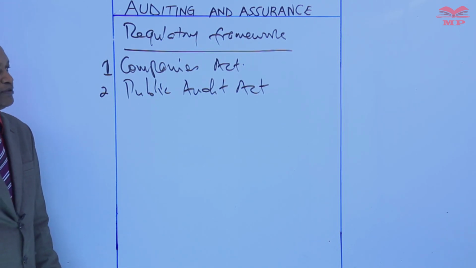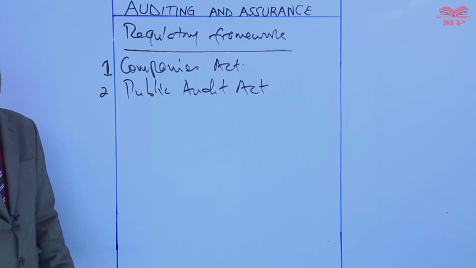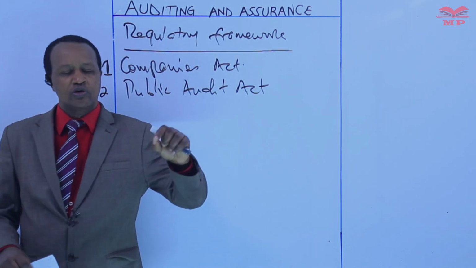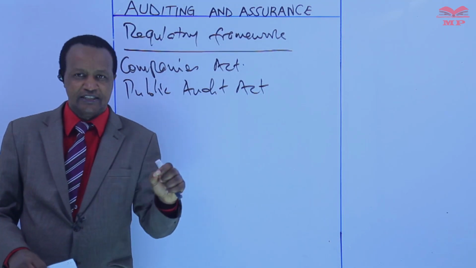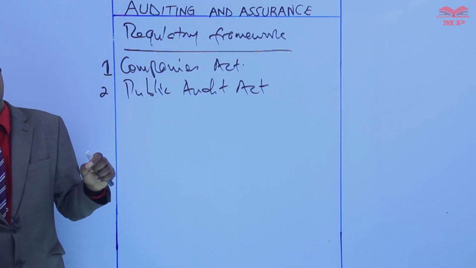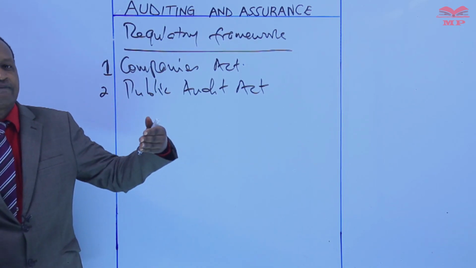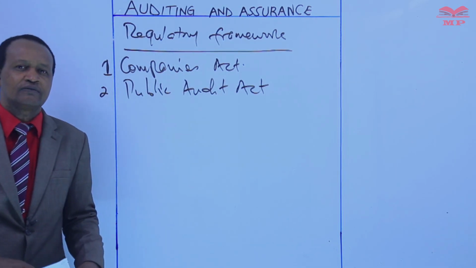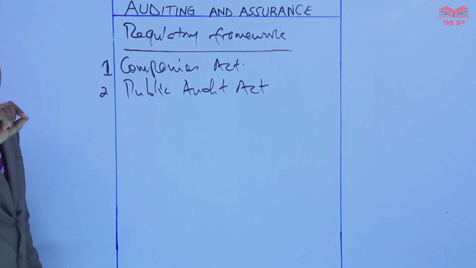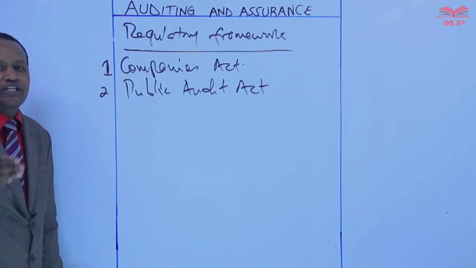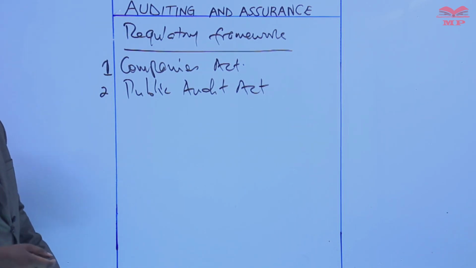The Act establishes the Office of the Auditor General and sets out the framework for conducting audits of public funds and assets. And the audit firms engaged in public sector audits must adhere to the specific requirements and standards outlined in the Public Audit Act.